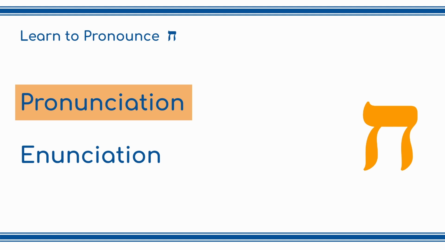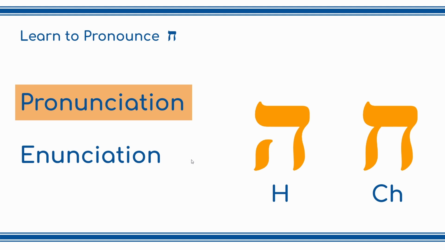So, for example, to know that this letter here is a chet, and it makes a ch sound, and to know that this is a letter hey, and it makes an h sound. It's much more important to know the sounds and the difference between these letters than the enunciation. Enunciation is something that will come over time.